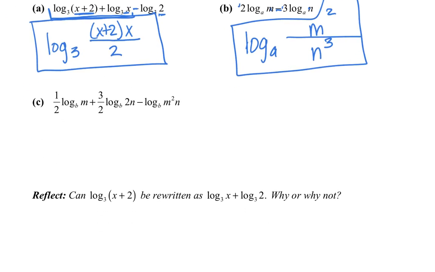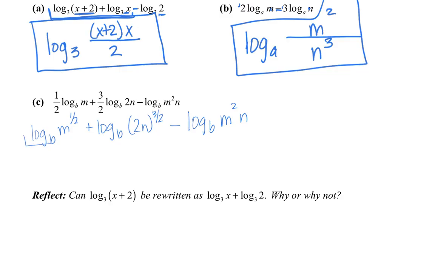So I'm going to write it first. I'm going to put the exponents back where they go. So we've got log base b of m to the 1/2 plus log base b of 2n to the 3/2 minus log base b of m squared n.